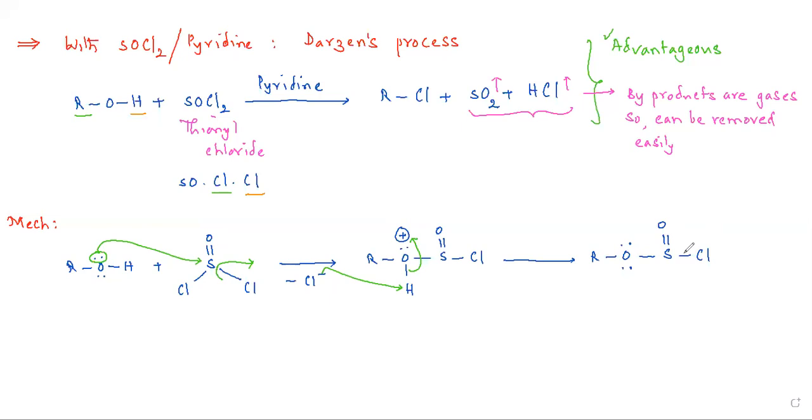Okay. Then with pyridine. Now pyridine comes into the picture. Now this lone pair attacks and the chloride goes off.